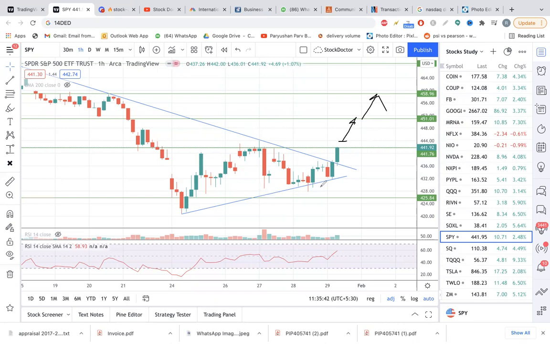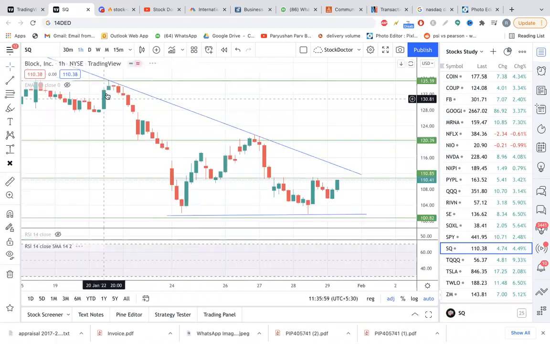The stop loss for this stock should be around the 430 to 425 zone. Okay, if the stock trades below this zone, then the downside can come in this stock. The next stock we have is SQ.